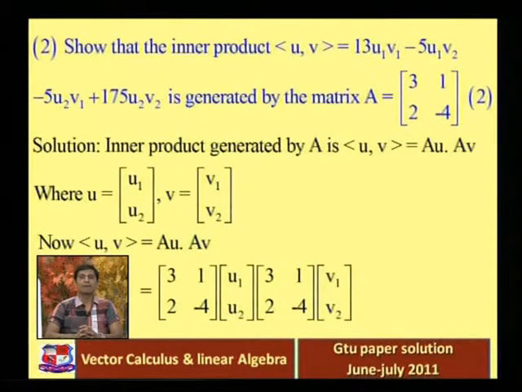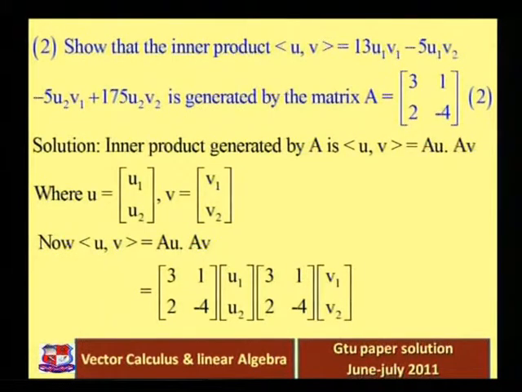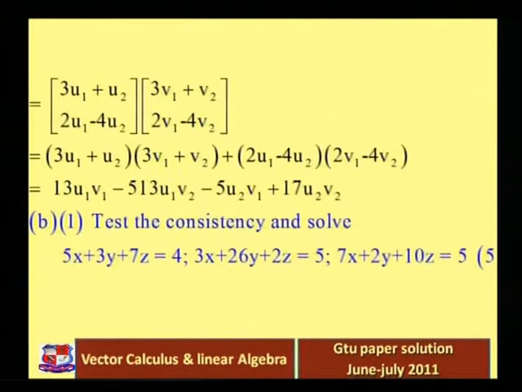which is equal to the matrix 3 1 2 minus 4 times the column vector u1 u2, dot the matrix 3 1 2 minus 4 times the column vector v1 v2. That is equal to 3 u1 plus u2, 2 u1 minus 4 u2, dot 3 v1 plus v2, 2 v1 minus 4 v2, using matrix multiplication.